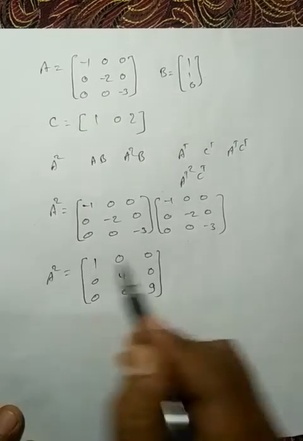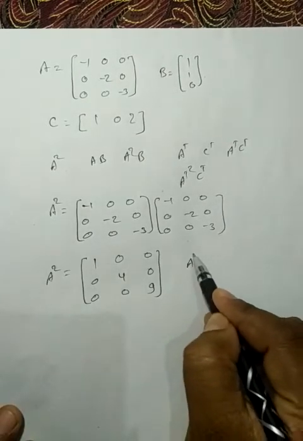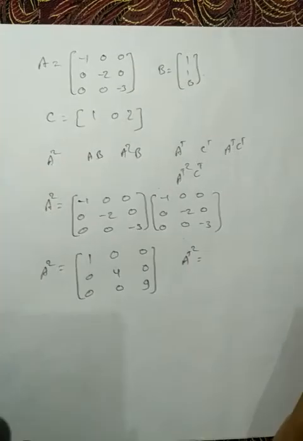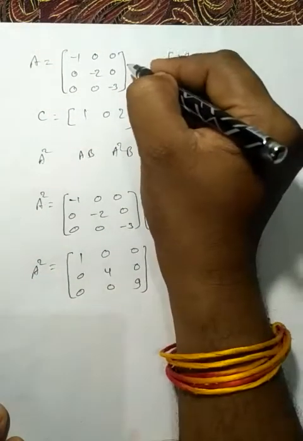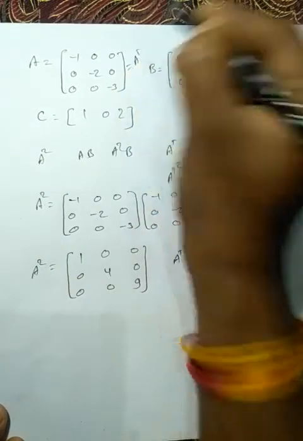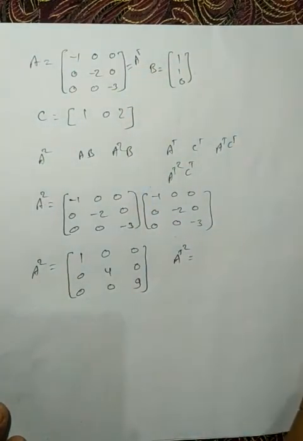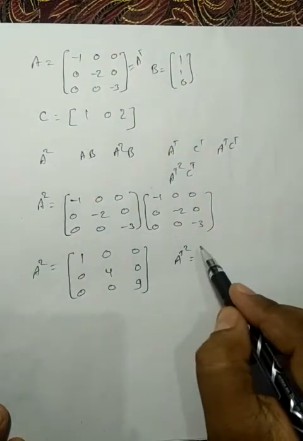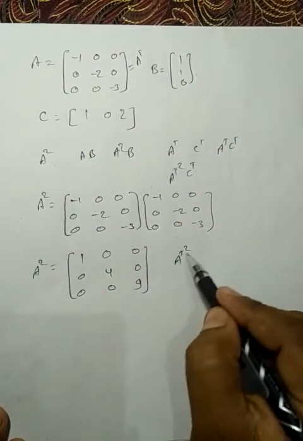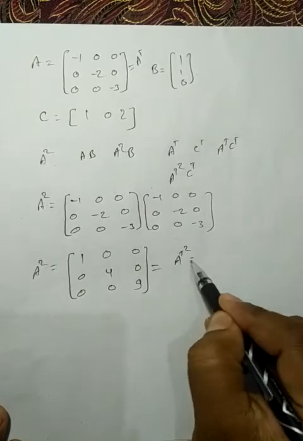This is A square, and AT square will be, this A is equal to AT because it's a diagonal matrix. So AT square will be our A square.